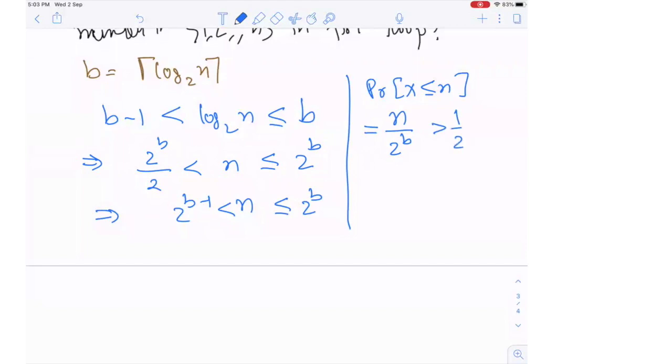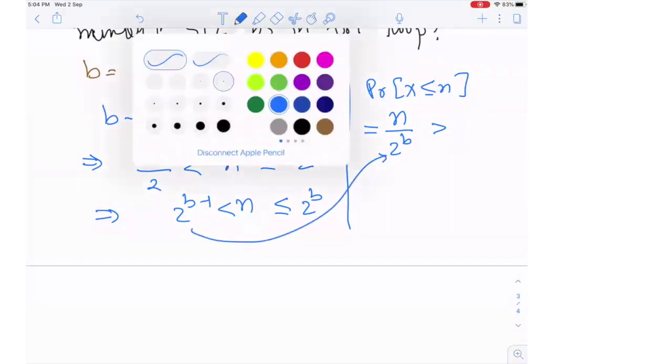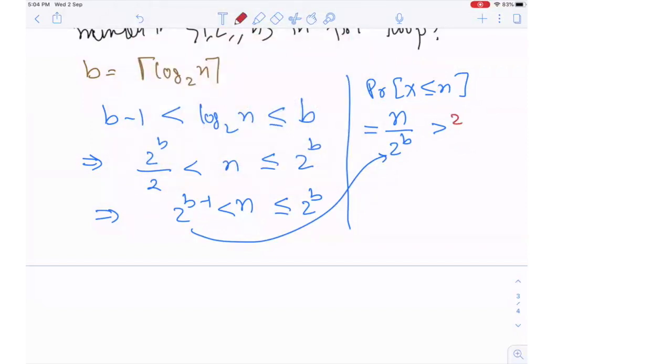I just used this inequality here: n is at least 2^(b-1). If you push it here, you get 2^(b-1) divided by 2^b, which is half.